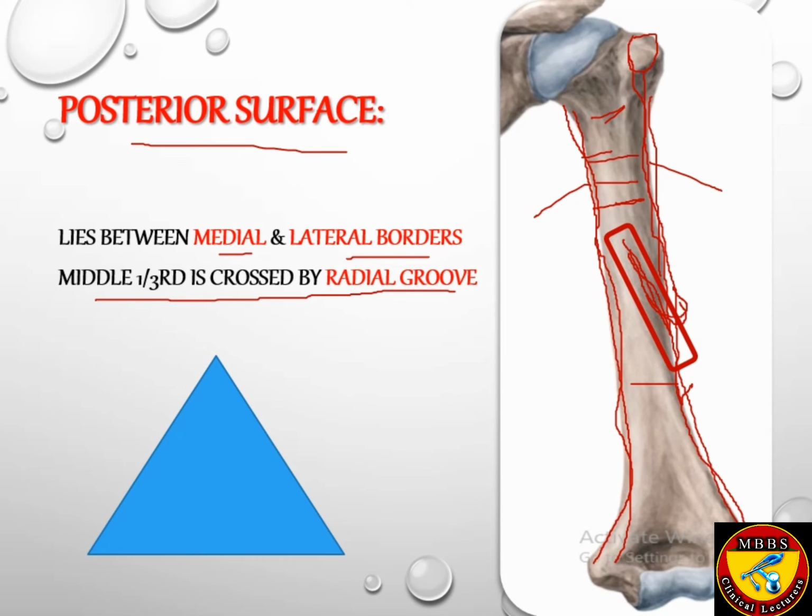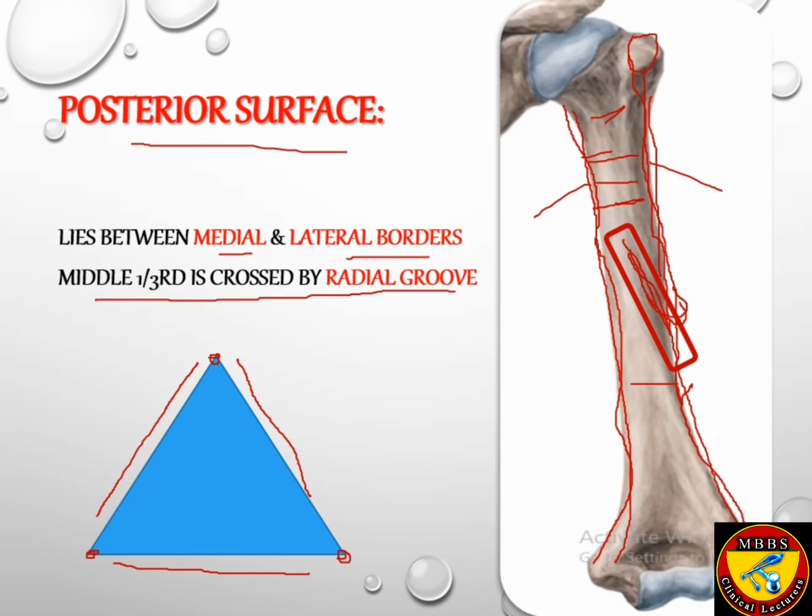Suppose this humerus is roughly triangular. This is the anterior border, this is the medial border, and this is the lateral border. Now this is the anterior medial surface, this is the anterior lateral surface, and this is the posterior surface.